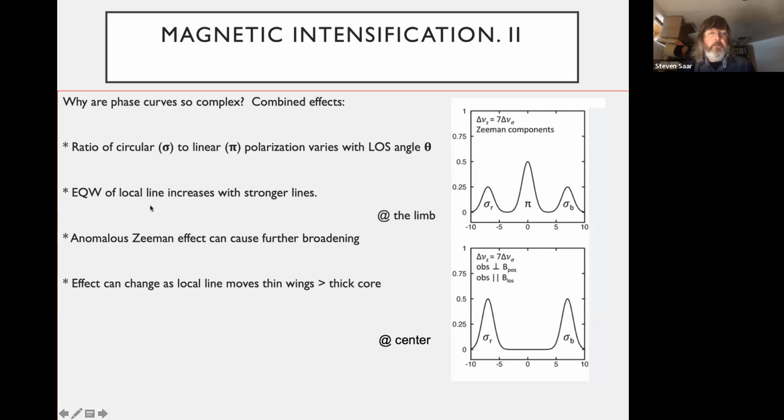And then of course, the equivalent width can increase for stronger lines. The sigma and pi components can be split in complicated ways, and the effect can change as your particular area moves from the optically thin wings of the line to the thick core.